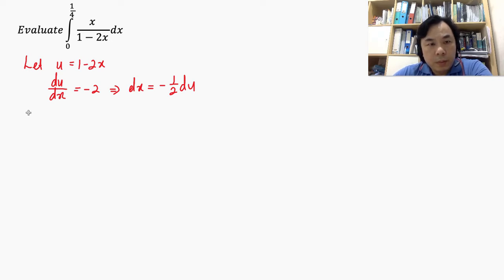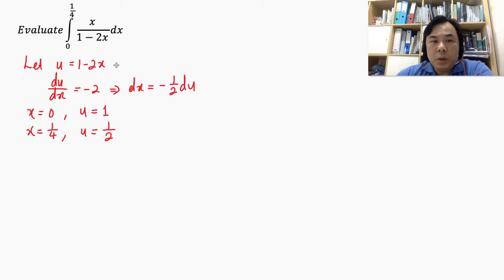So for x equal to 0, we're going to evaluate the u. So x equals 0, the u becomes 1. And then when x is equal to a quarter in this case, the u will be a half. It's very obvious in this case.